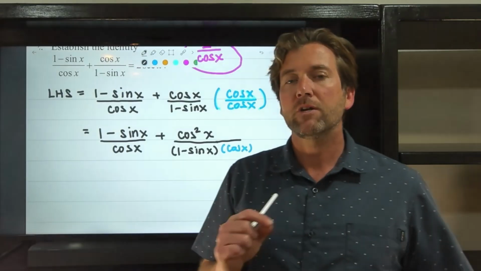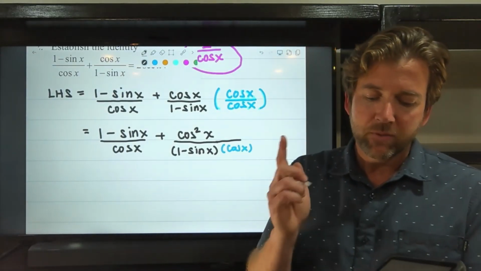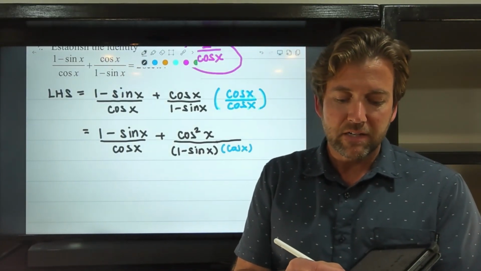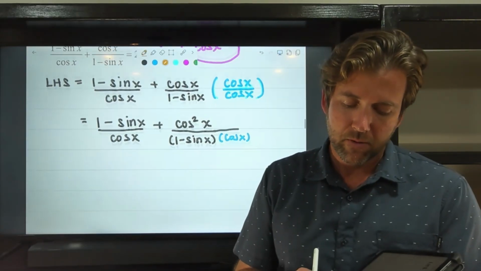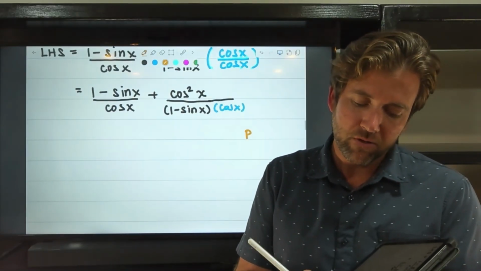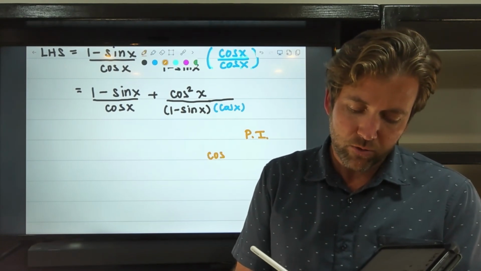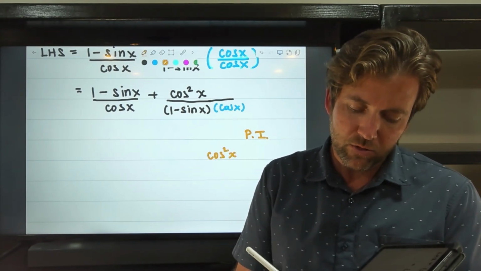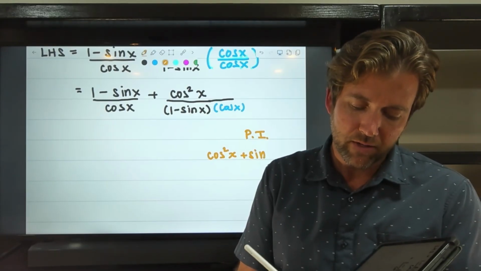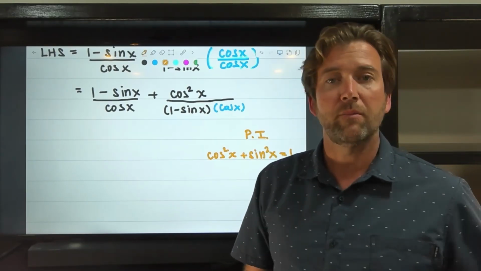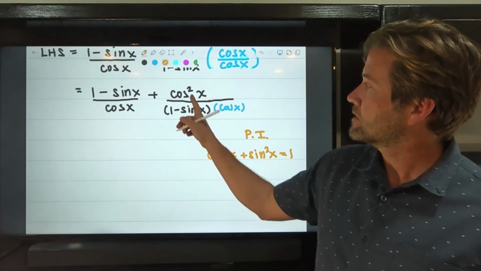So when you see a trig function squared, you should be thinking about your three Pythagorean identities. So I'm going to abbreviate PI for Pythagorean identities. We know that cosine squared of x plus sine squared of x is equal to 1. So see this cosine squared x?